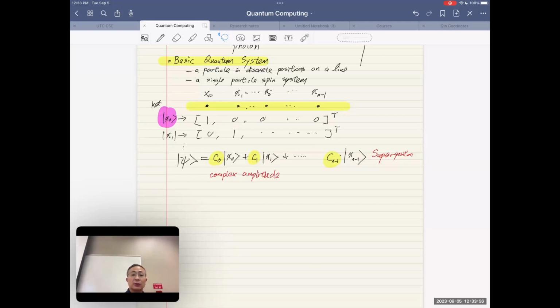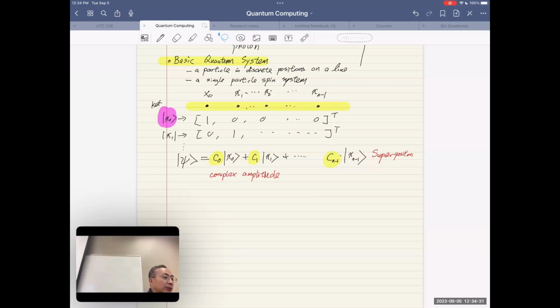Now, what does this function tell us? It also tells us the probability that we will observe the particle at which state. That probability is given by taking the square of that amplitude divided by the sum of the squared moduli over the whole vector.